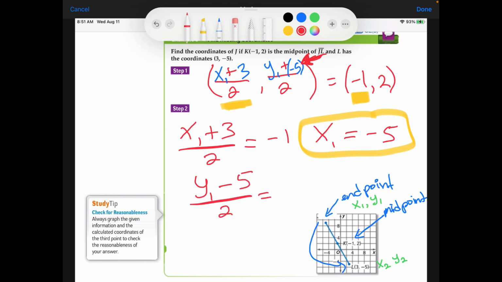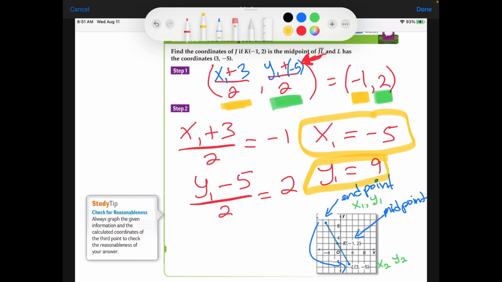So y1 minus 5, over 2 equals the 2. So now this is my second equation. And to solve it, you would have to solve for y1, and y1 is going to be 9 after you go through that process.